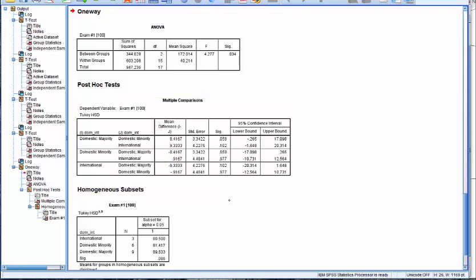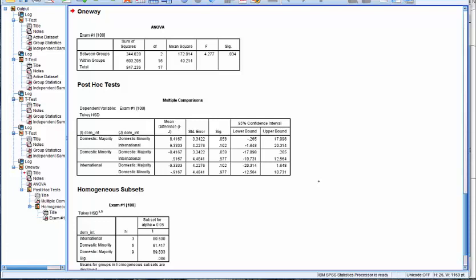So in this case, we have a curious outcome here. According to the ANOVA, we have the right to say that there are differences among the three groups. But when we asked SPSS to compare each group with each other group, we don't see any of them as being significant.